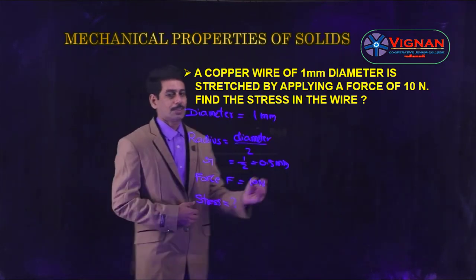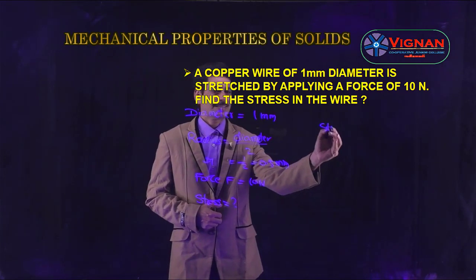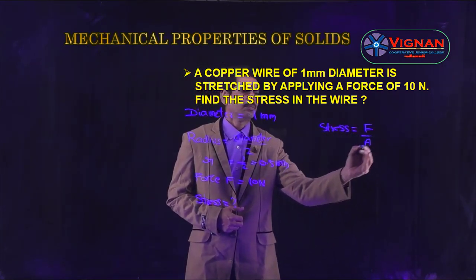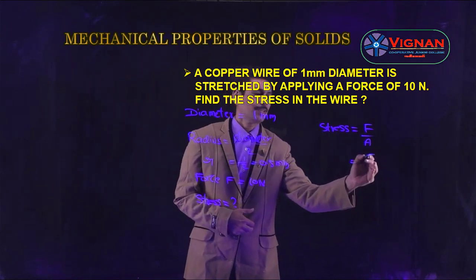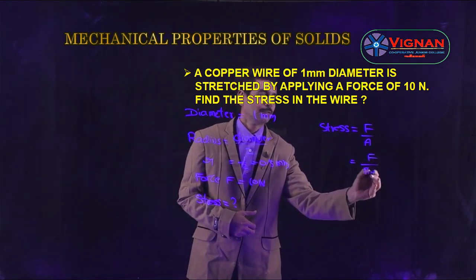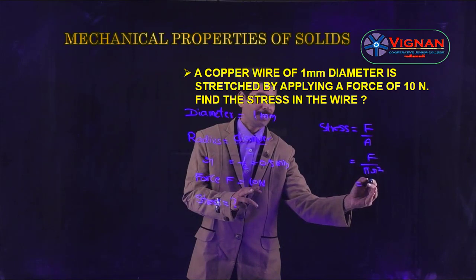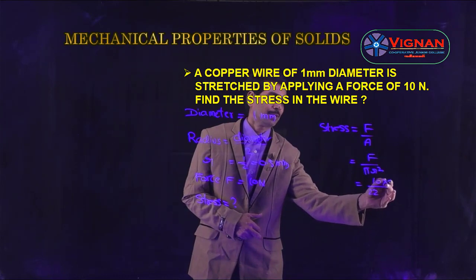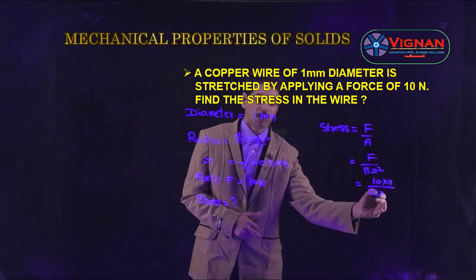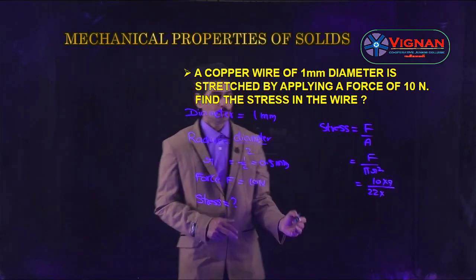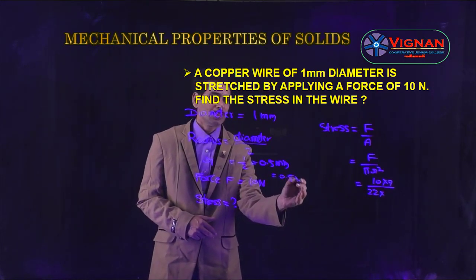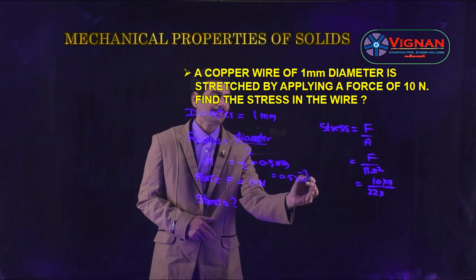We know stress is equal to force by area, but here the area is not given, so instead of area you can write pi r square. Force is given as 10, so 10 divided by pi, which is 22 by 7, so 7 goes to the numerator, into r square. r is 0.5 millimeter, so I have to convert millimeter into meters, so it is 0.5 into 10 power minus 3 meter.